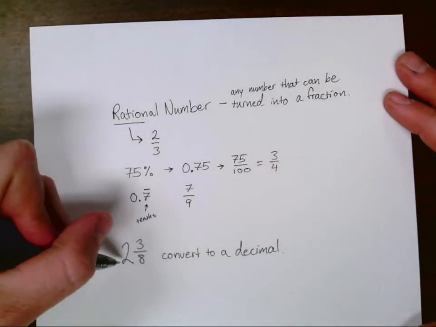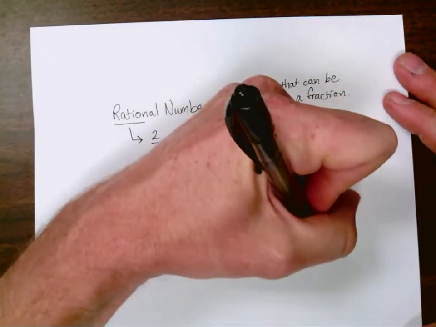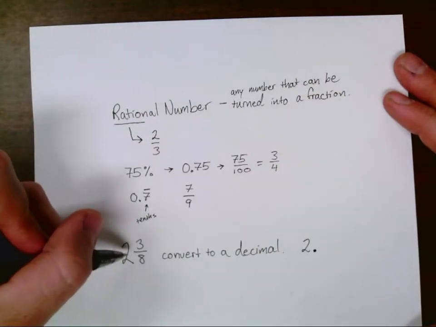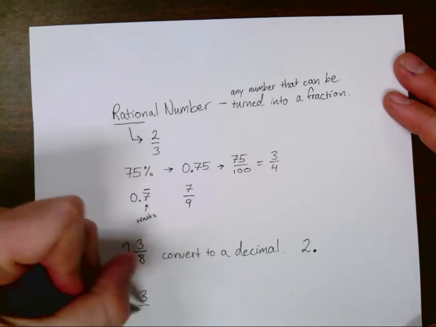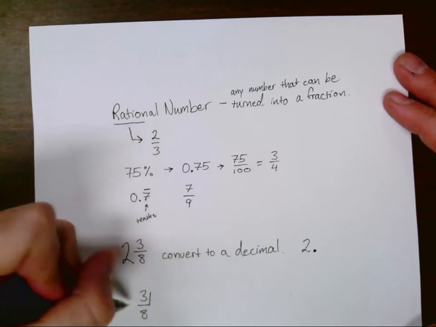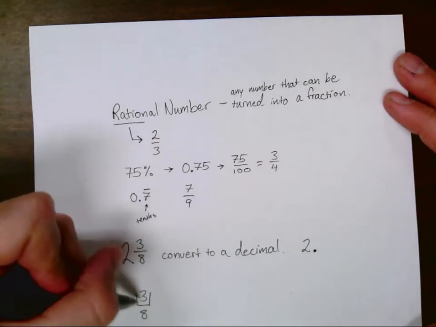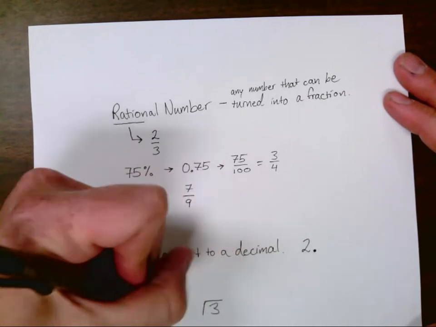Now, 2 is my whole number, so I don't really need to worry about that because the whole number 2 is just going to be the number 2 before the decimal point. So what I do need to do is long division with 3/8. A trick I learned was this. I draw a field goal here around the top number, and since that's the number inside the box, it's going to get put inside the box for long division.